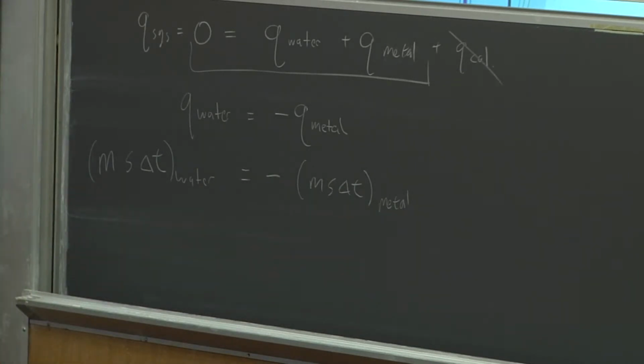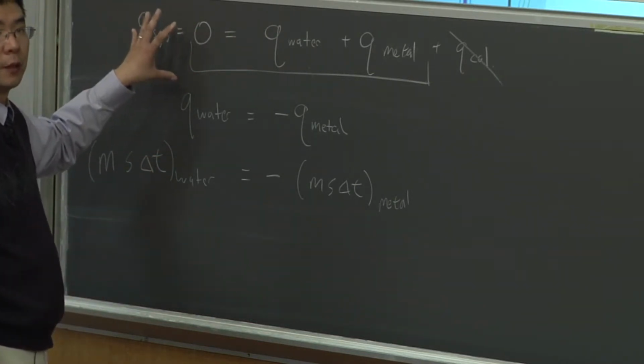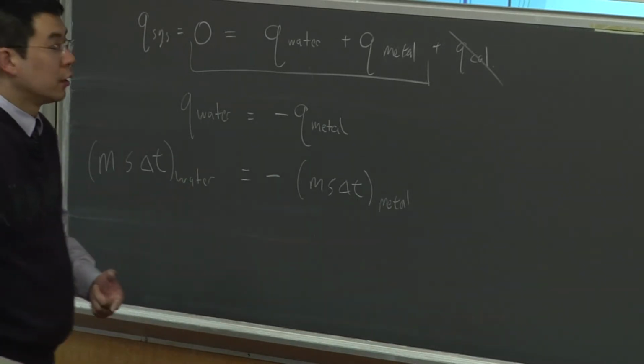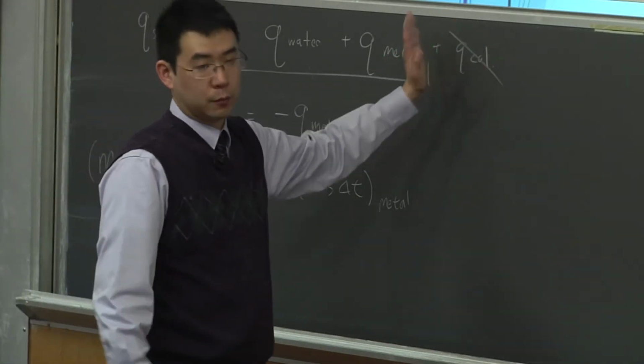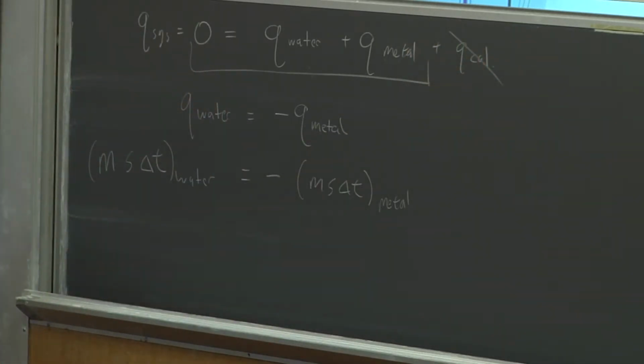So you're saying that Q system and Q cal are 0? Yeah, Q system in these cases is always going to be 0, because it's a closed system. Heat doesn't go in and go out. Q cal is 0 because we're just taking a shortcut. We're being a little lazy, and we're assuming that the calorimeter itself doesn't make a huge difference.